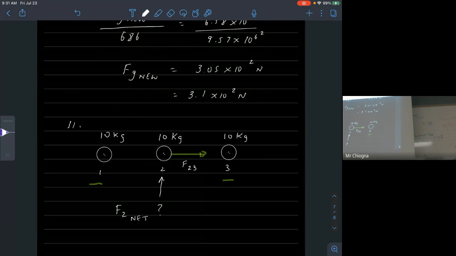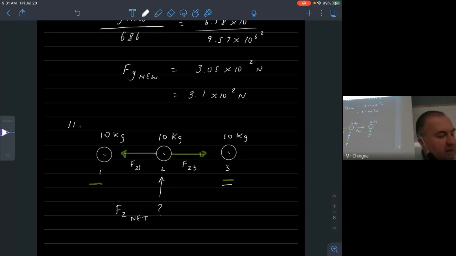The force is acting on 2. What's it due to? 3. And similarly, you've got an attractive force to the left. This is the force on 2. Whatever's being acted on, you put first. Whatever's doing the acting, the number comes last. So that's the force on 2 due to 1.